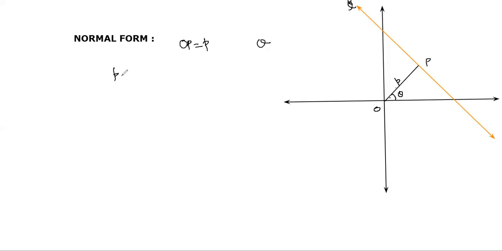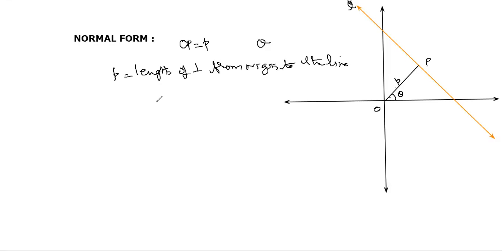What is P? P is the length of perpendicular from origin to the line.